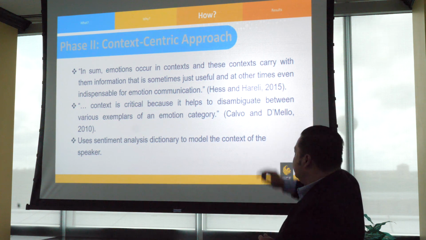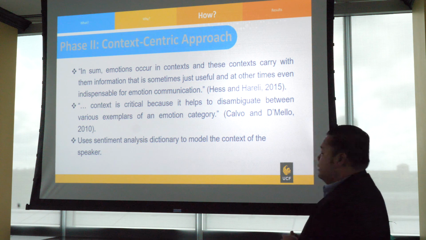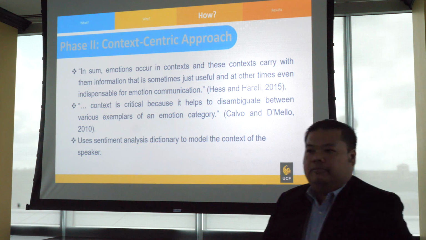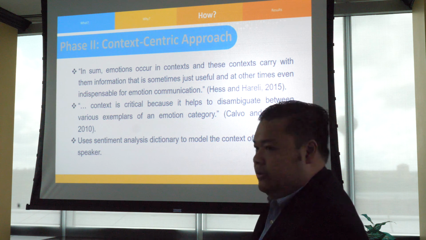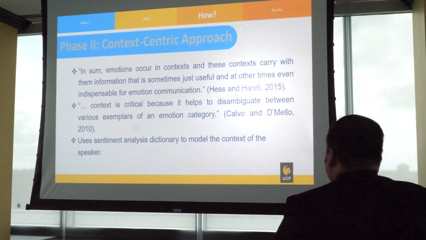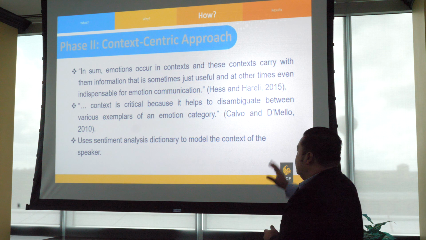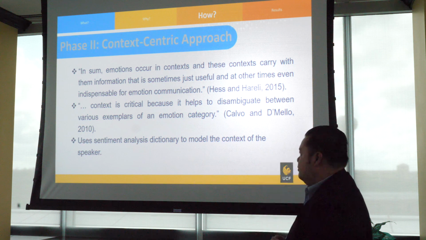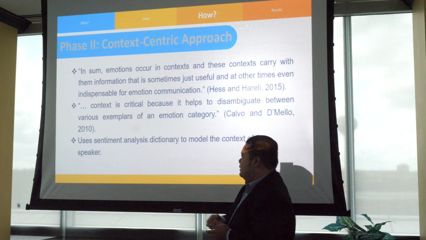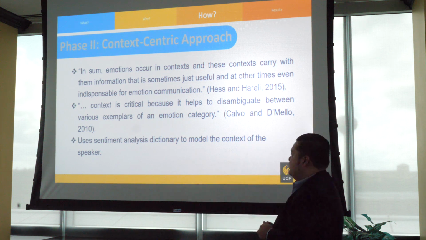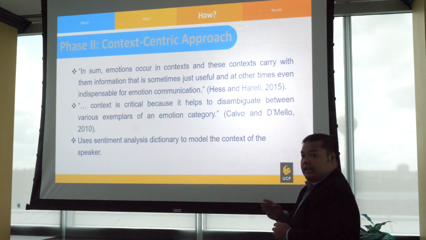And in the psychology area, Hess and Hareli also agree that contextual information is really needed for us to have a better judgment in our recognition. So from this background, we try to propose the contextual modeling. And in order to do it, we borrow the sentiment analysis dictionary. Next, please.